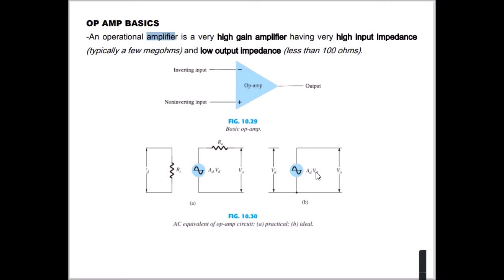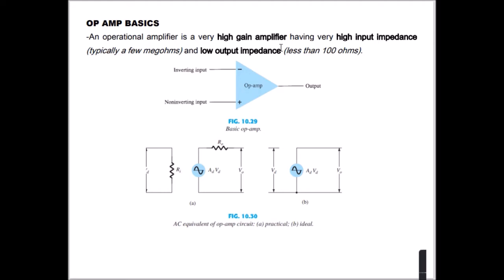Meron kang ADVD. Ibig sabihin, this is your gain. Okay? Yung VD po, ito yung difference dito sa input mo. Voltage difference mo sa input. So, whatever is the difference here, i-multiply siya sa voltage gain ng iyong amplifier, and that will be your output.